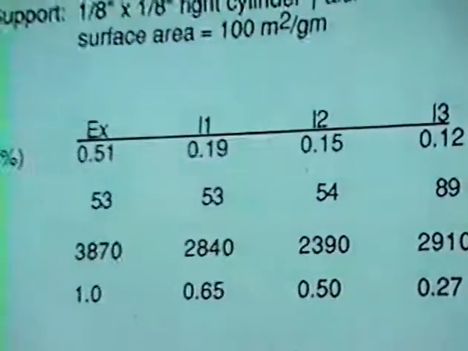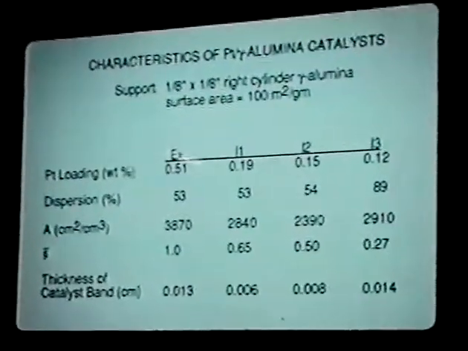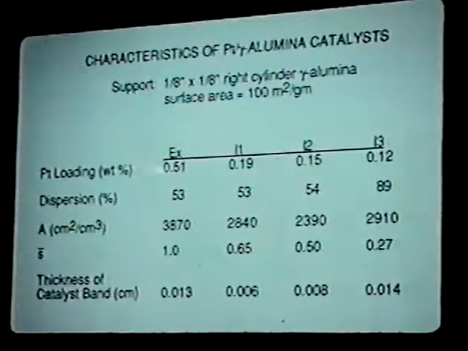The characteristics of the catalysts are: for external, about 51% loading, and the rest of them about 15 to 20% loading. It seems the external one has more platinum in it because when we go through the impregnation procedure, we first put the catalyst into the carboxylic acid and let them impregnate for a while, and then take them out.